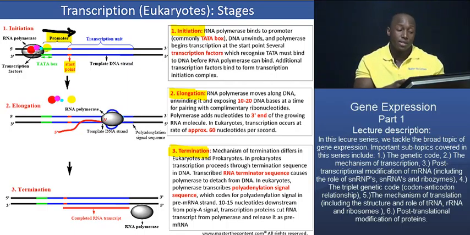In eukaryotic cells, on the other hand, what happens is that the RNA polymerase will transcribe a region that we refer to as the polyadenylation signal sequence.